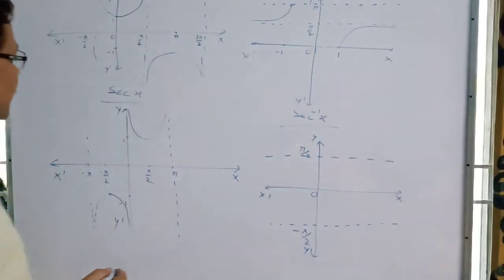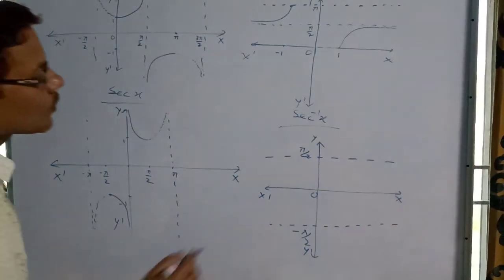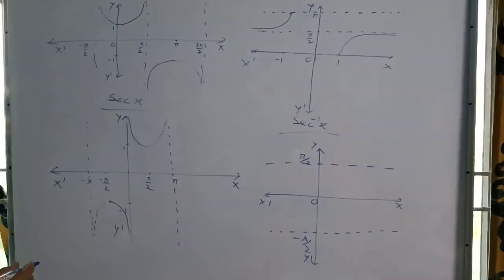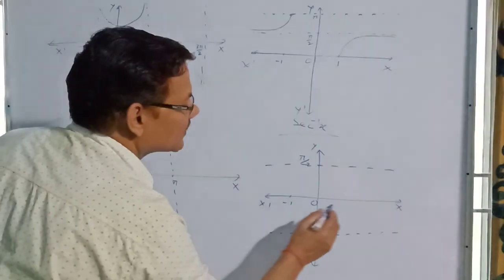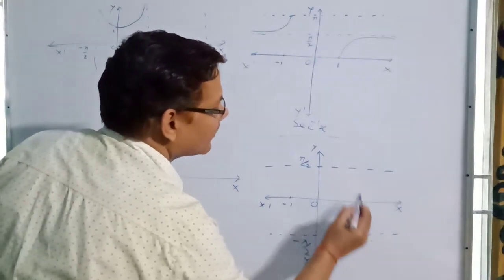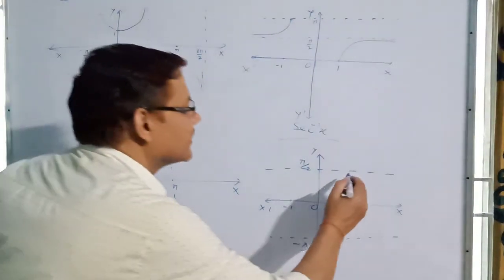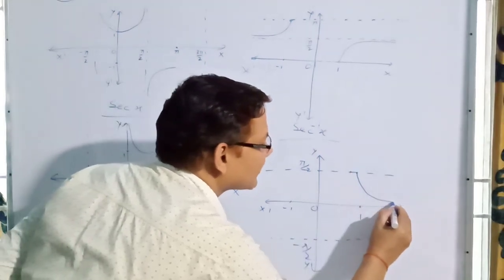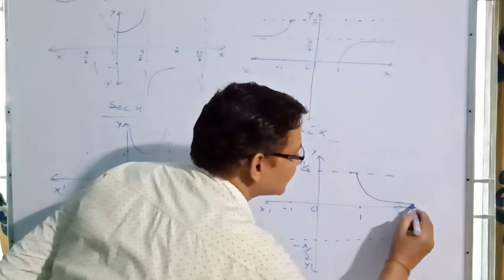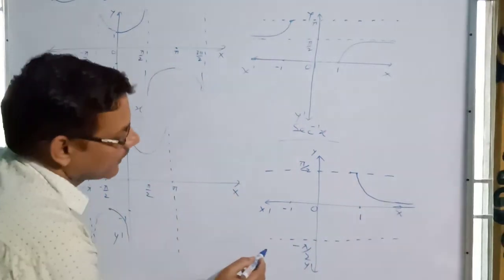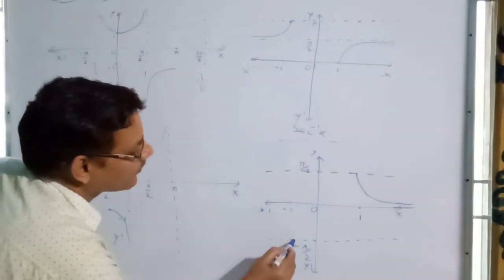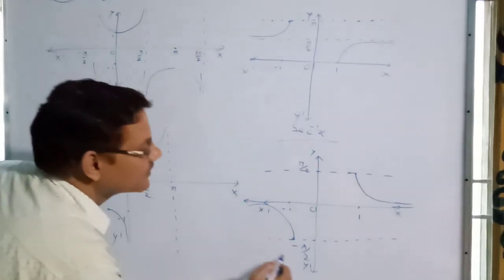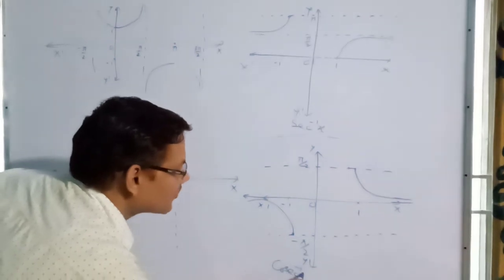So this is the line 0, and how do we change it? Here we take minus 1 and here 1. So it is like this. This is 1 and pi by 2, and it is infinite. Now what about minus 1? This is the graph of cosec inverse x.